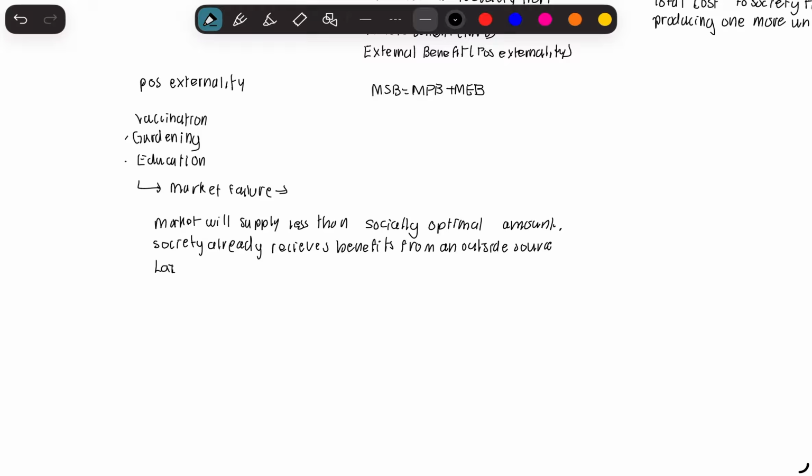And that laziness is gonna cause no incentive, nothing to drive people to produce. And this is why the solution is usually government intervention.